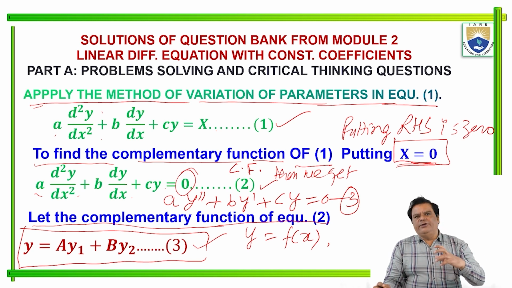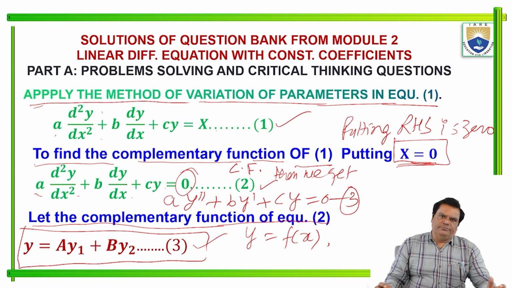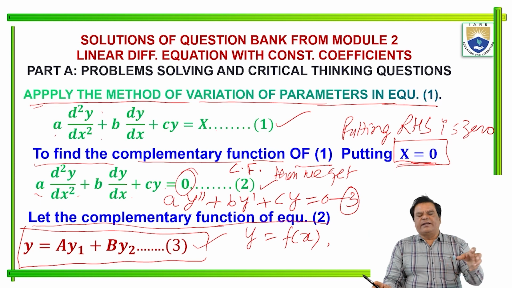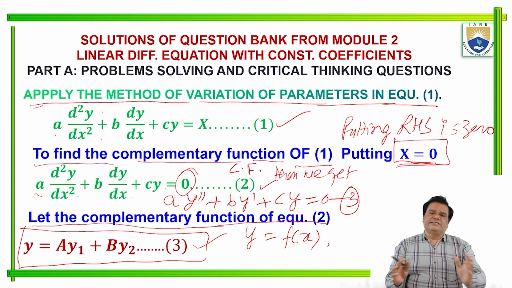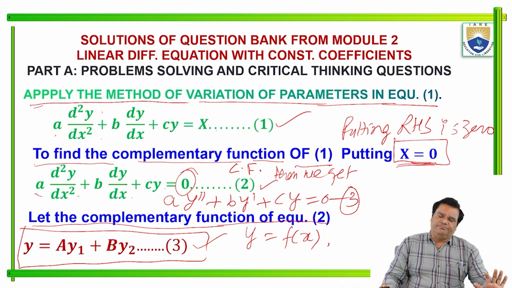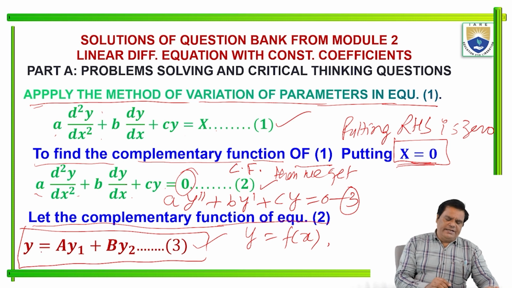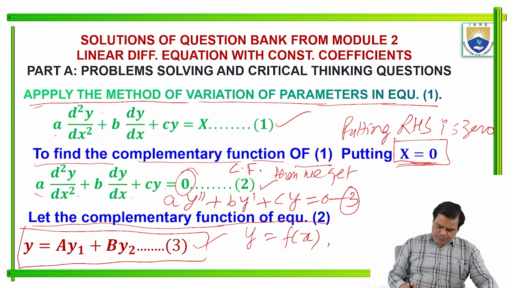Then y1, y2 are functions of x which verify equation 2. So the linear combination of arbitrary constants and the two functions y1 and y2 is the complete CF of equation 2. So we consider y equal to a y1 plus b y2 as equation 3.